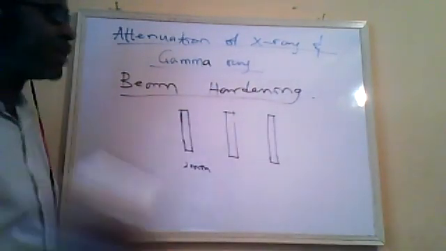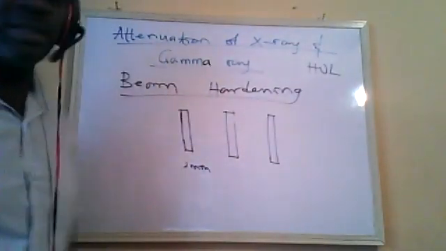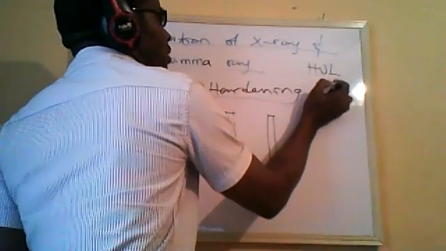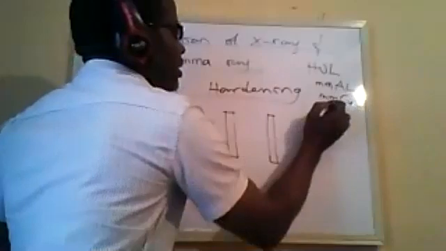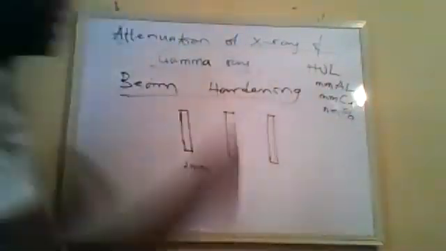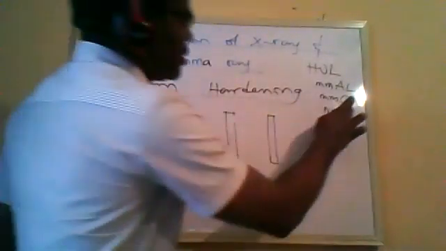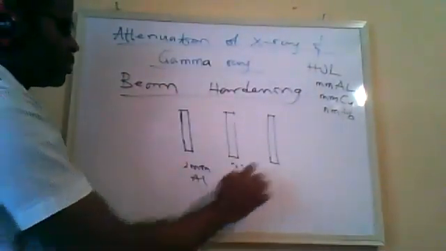The HVL is usually given in terms of millimeter of aluminum, copper or lead. When you see this, you're talking about an HVL, the attenuator and its thickness. So we have 2 millimeter of aluminum, 2 millimeter of aluminum, 2 millimeter of aluminum.